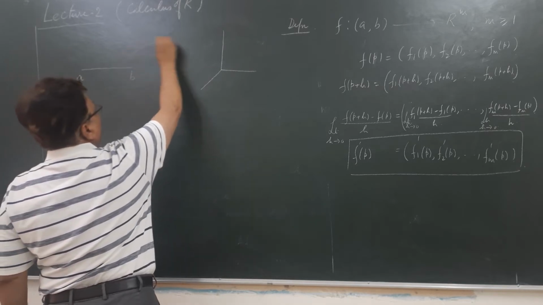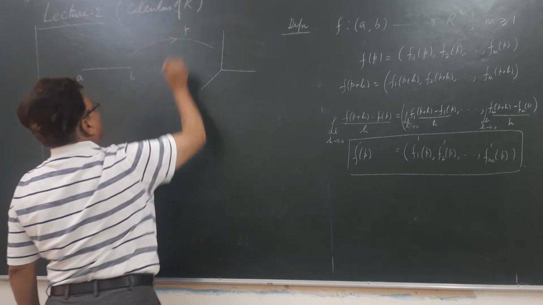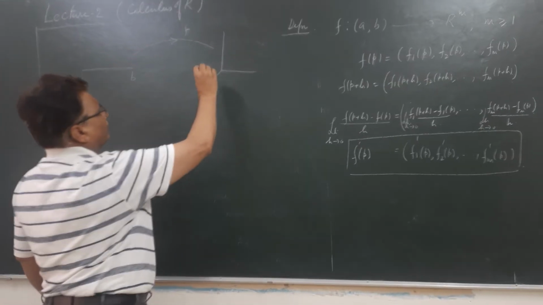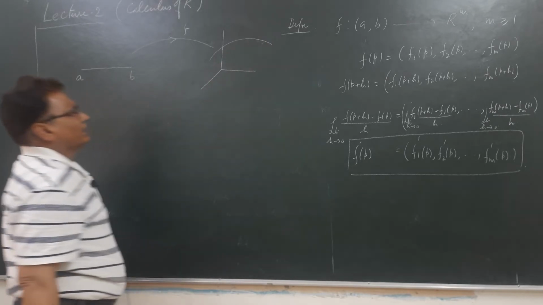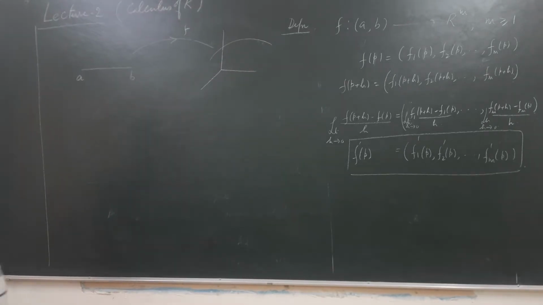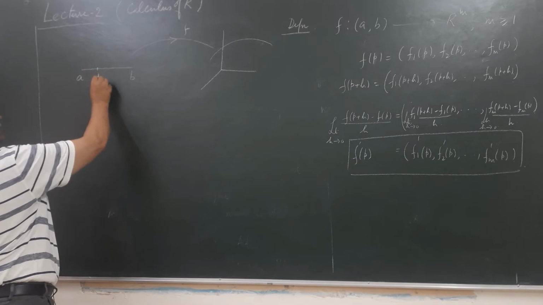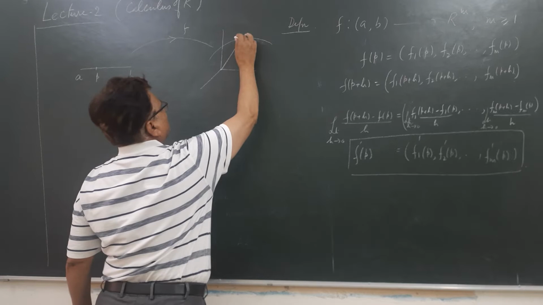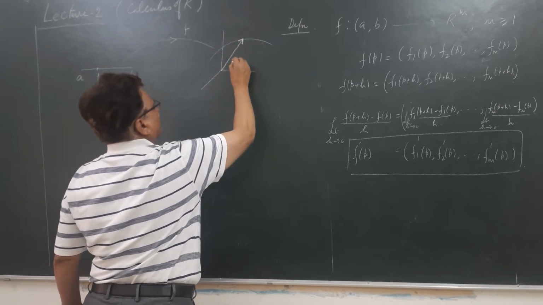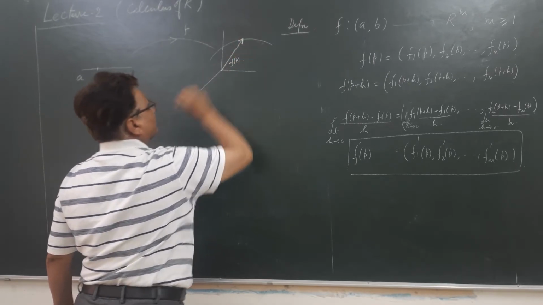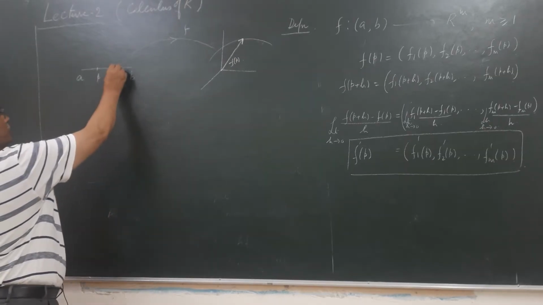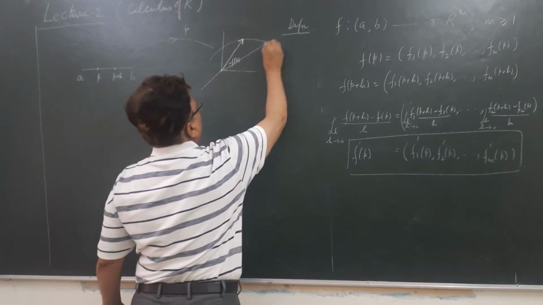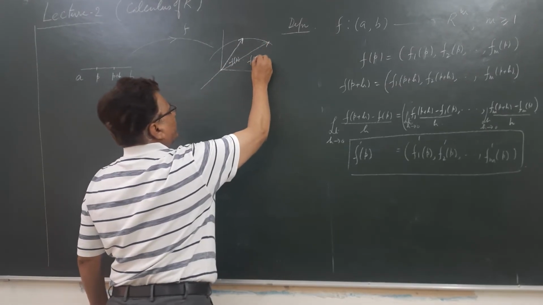So, I am drawing the graph for R3. So, f is this function, and the image of this interval under the function f will be some curve in R3. Okay. And if I take a point p over here, its image will be somewhere here. So this is the vector f(p). And if you choose a point p plus h over here, its image will be this vector f(p plus h).